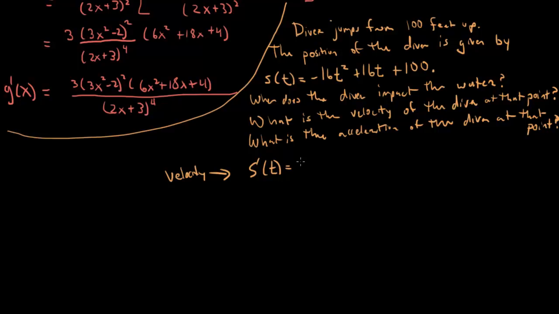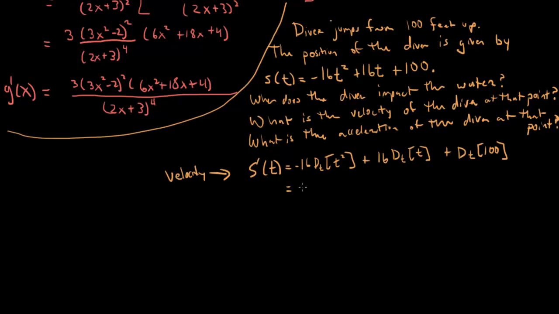individually. So we could say that this is negative 16 times d of t squared plus 16 times d of t plus the derivative with respect to t of 100. So I took the derivative with respect to t of each of those terms.